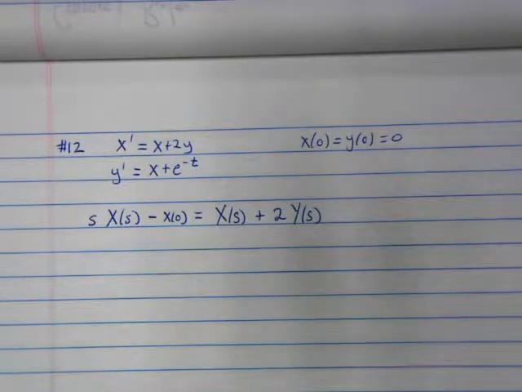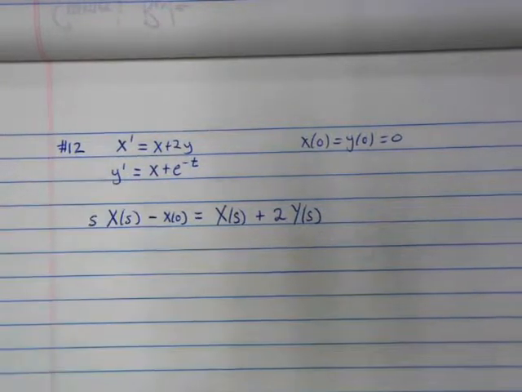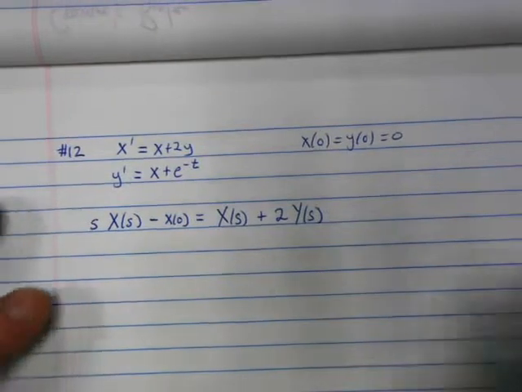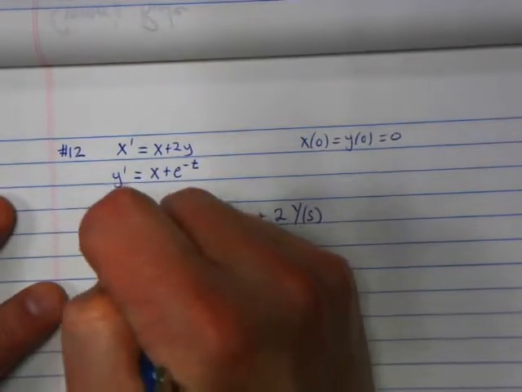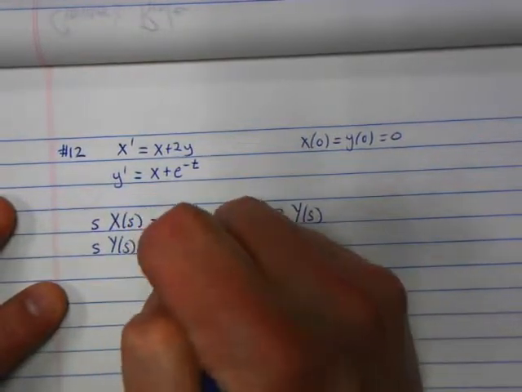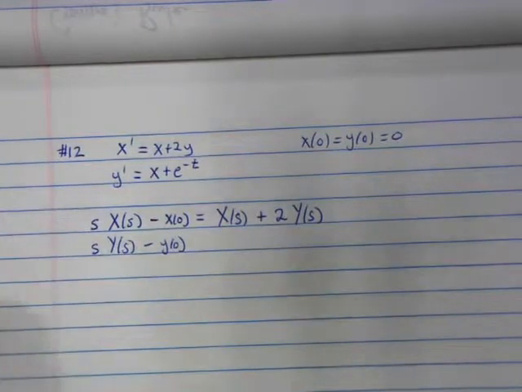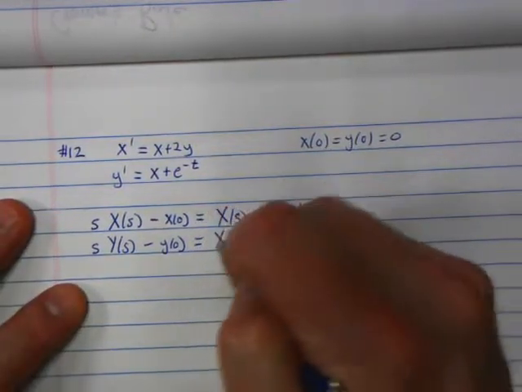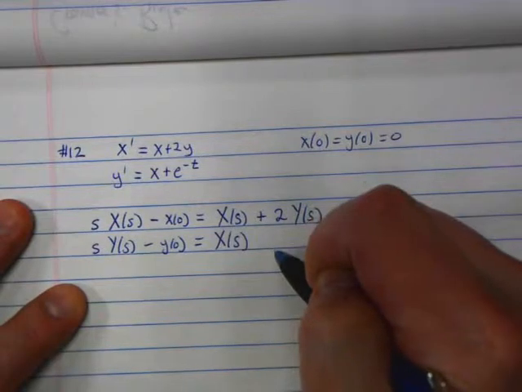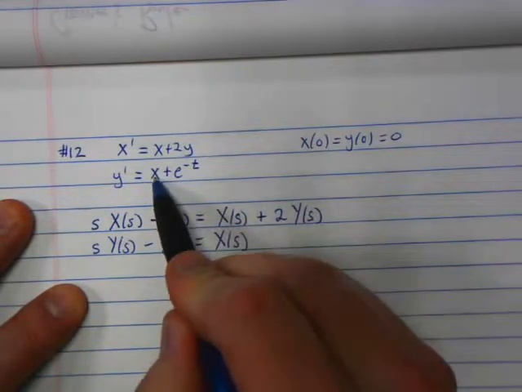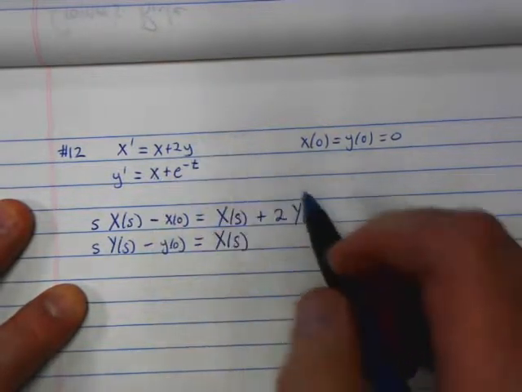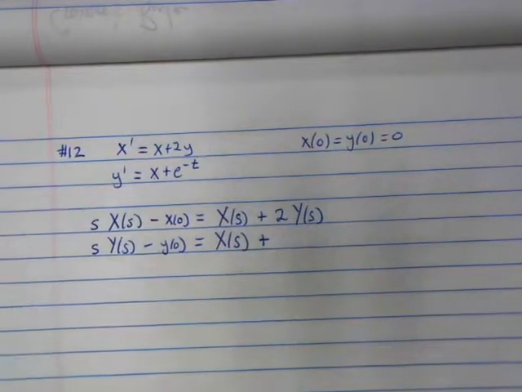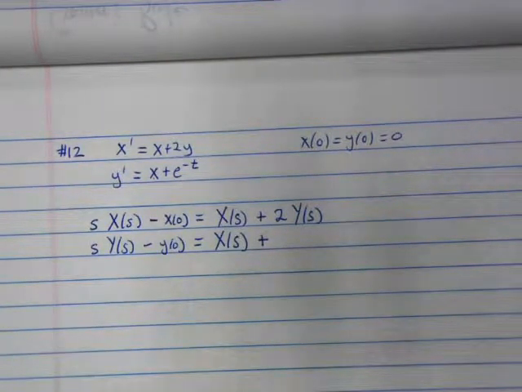Do the same thing to the bottom equation. What's the Laplace transform of y prime? S big Y of S minus y at 0 equals big X plus, what's the Laplace transform of e to the negative t?